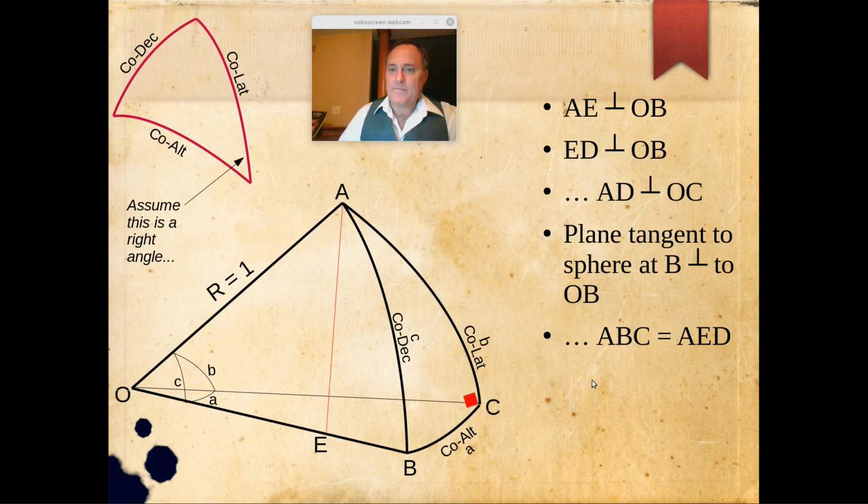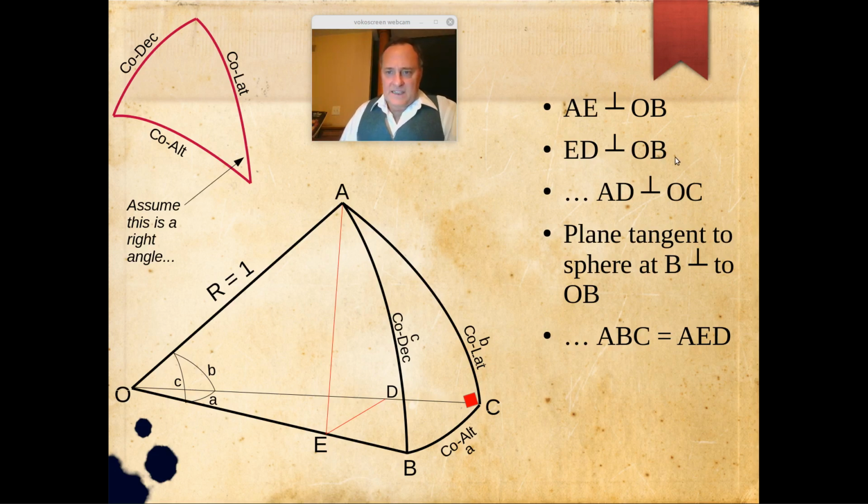All right, and we're going to create ED perpendicular to OB, such that it intersects OC. Now, that means it's perpendicular here, so the angle DEB is a right angle, and the angle DEO is a right angle. That's what this second statement says.